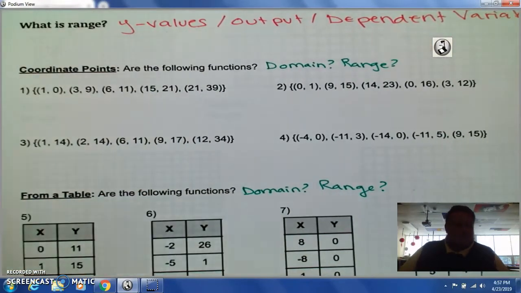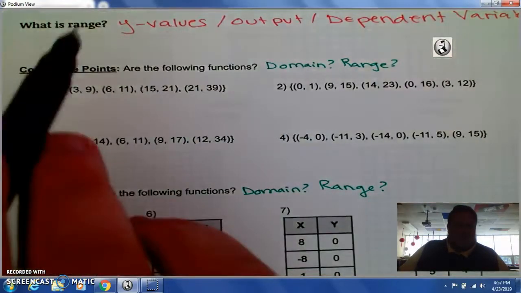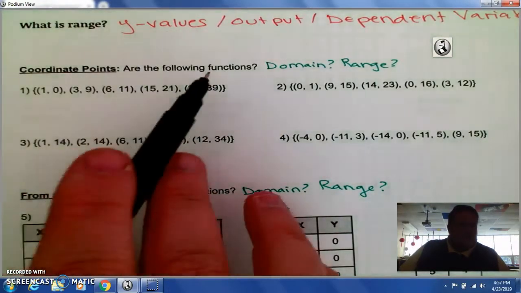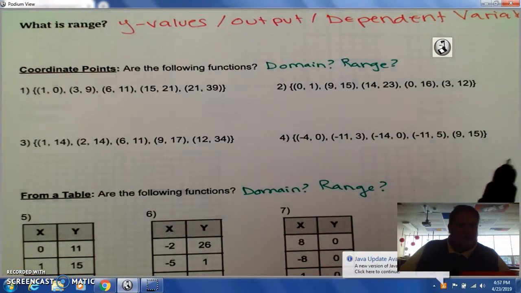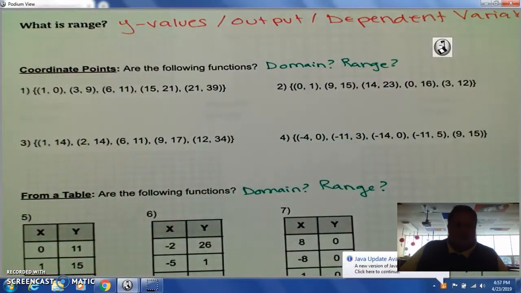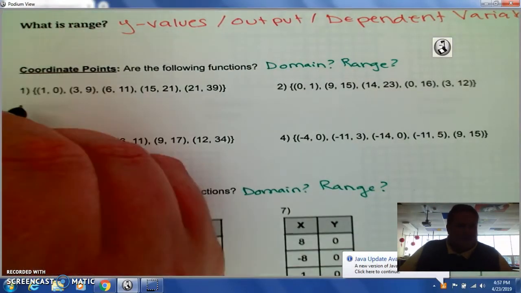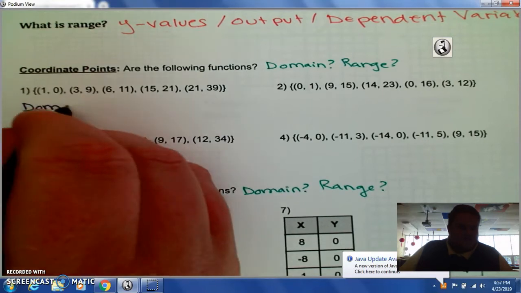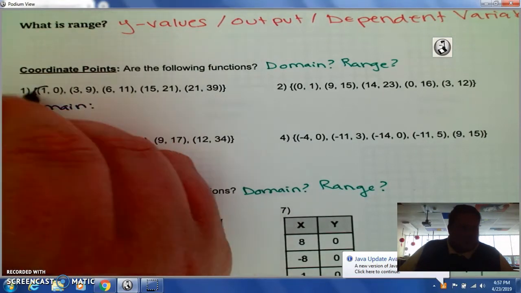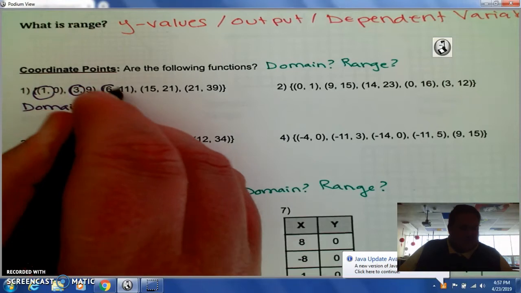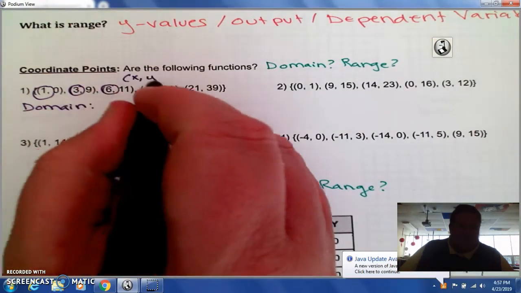Okay, so when you're looking at coordinate points, it wants to know, are the following functions, what's the domain and what's the range? So right off the bat, the domain are all your x values. So remember, coordinates are written as x, y.